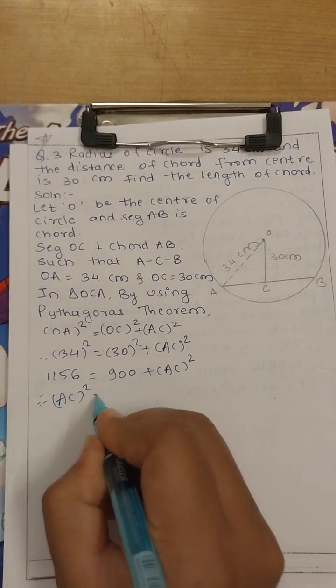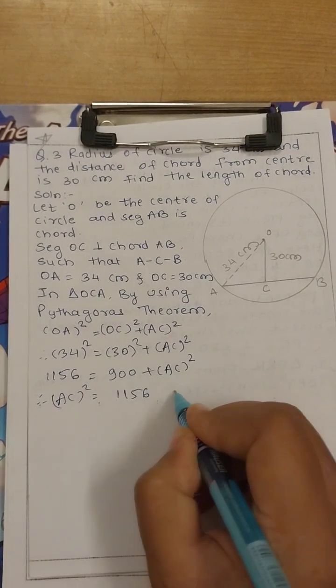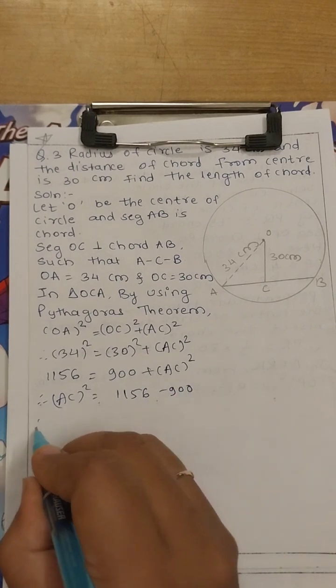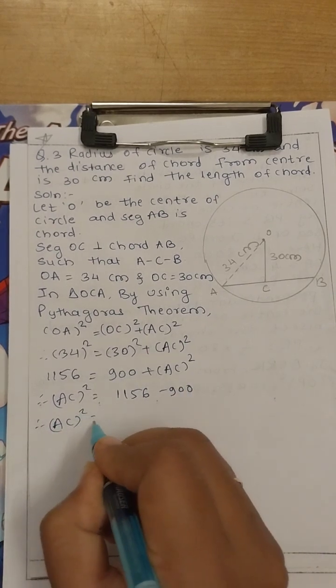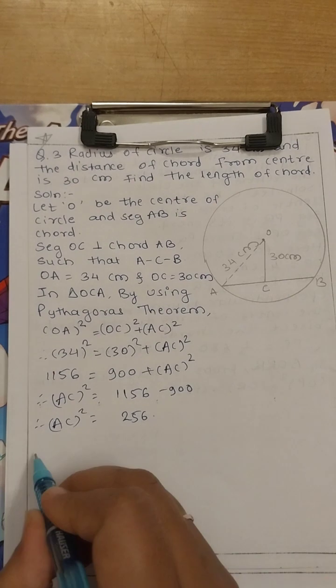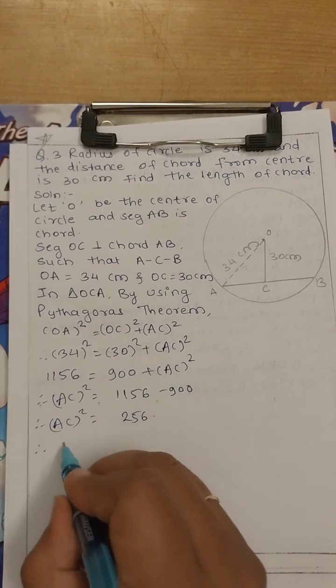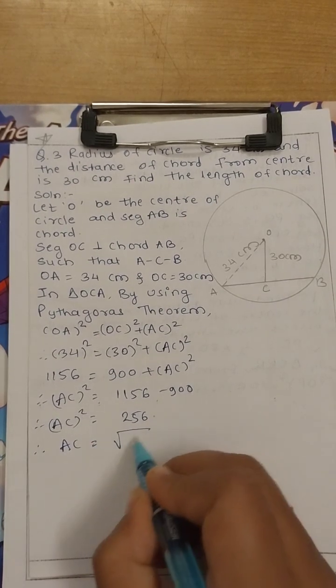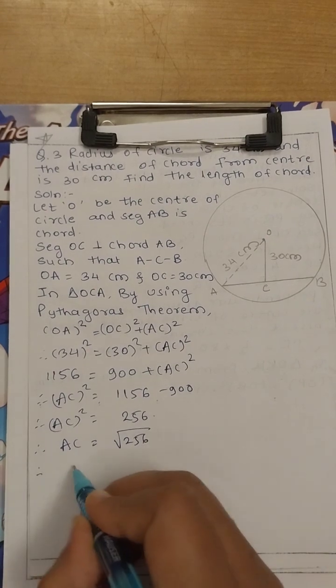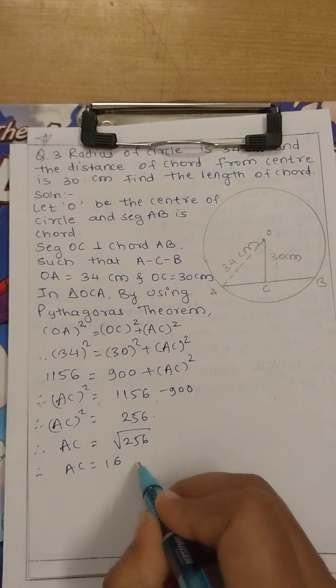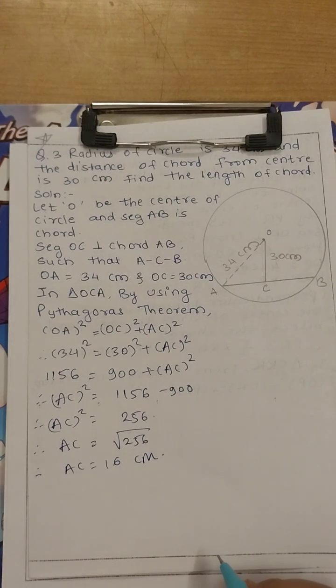Therefore AC square is equal to 1156 minus 900, which is 256. Therefore AC is equal to square root of 256, so AC is equal to 16 centimeter.